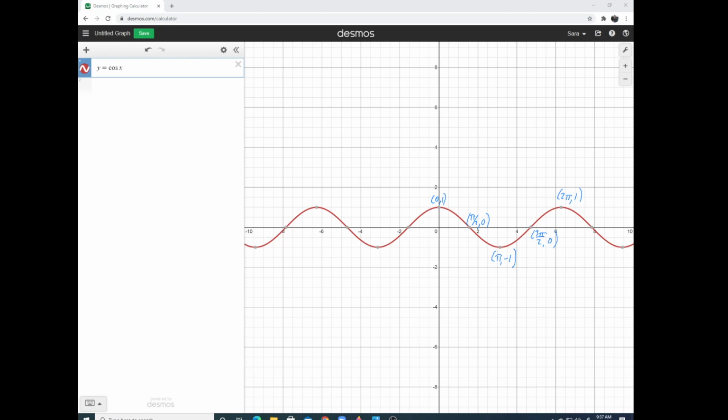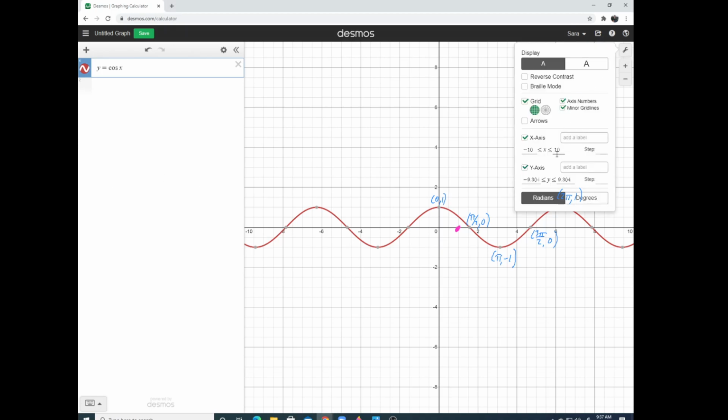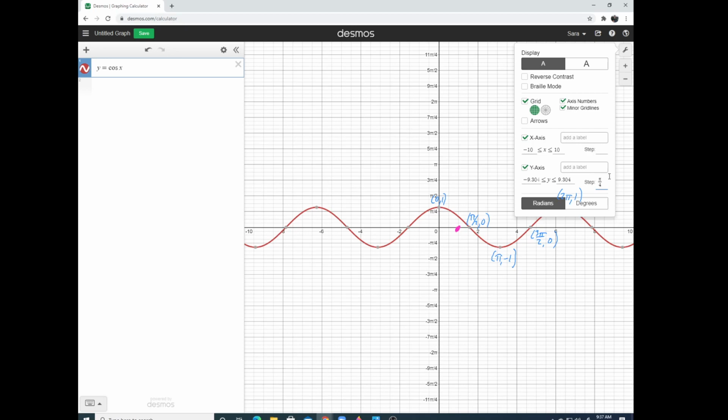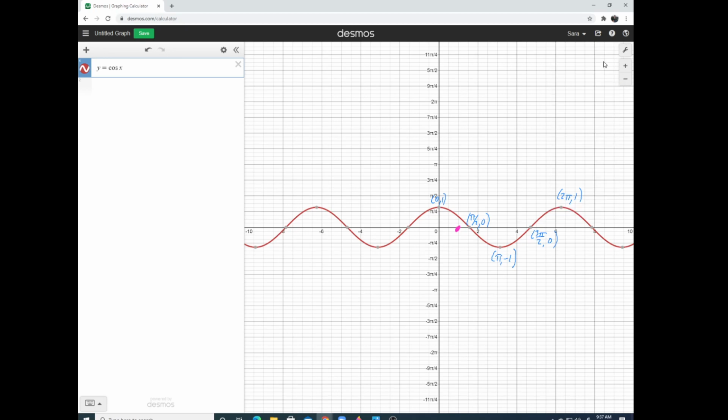So I'm going to have the point 1 comma 0. I'm going to have the point 0 comma pi over 2. Let's see. For myself, I'm going to step this in terms of pi divided by 4 on the y's so I can see these points better. Didn't know you could do that, did you?